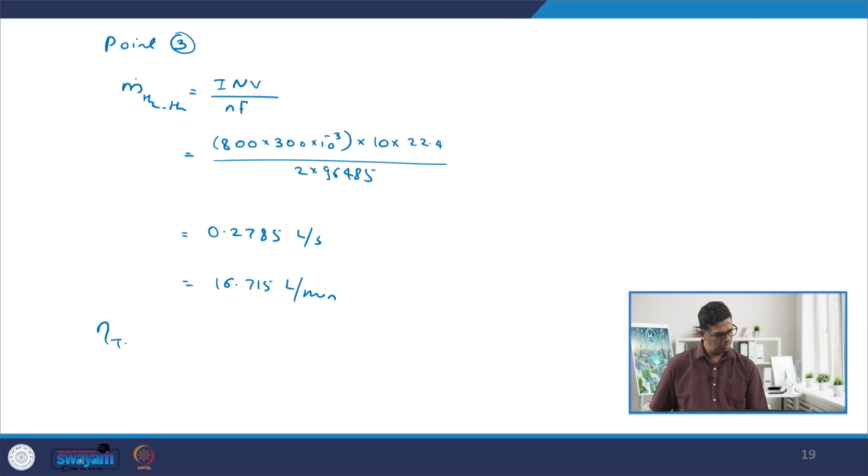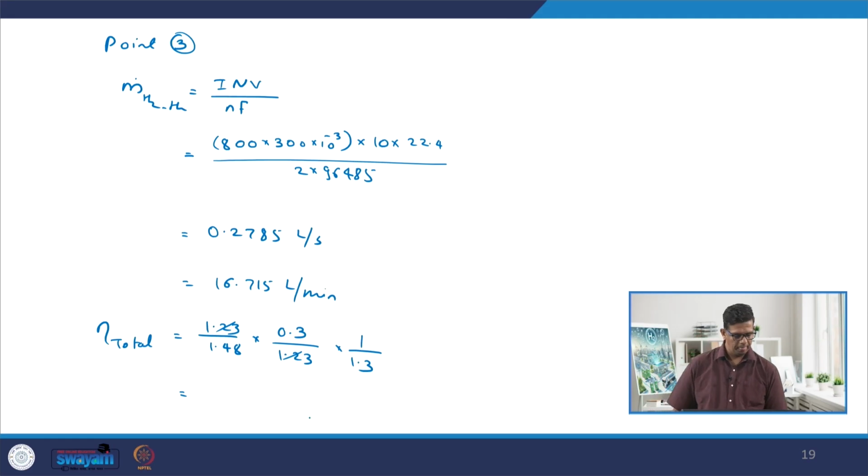That is eta total, it is 1.23 by 1.48, operating potential is 0.3 volt by 1.23, and lambda is 1.3. So, this will give us the total efficiency in percentage.